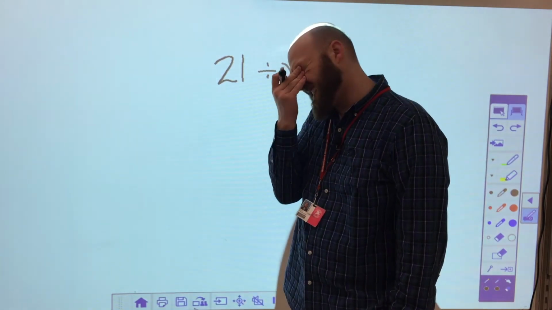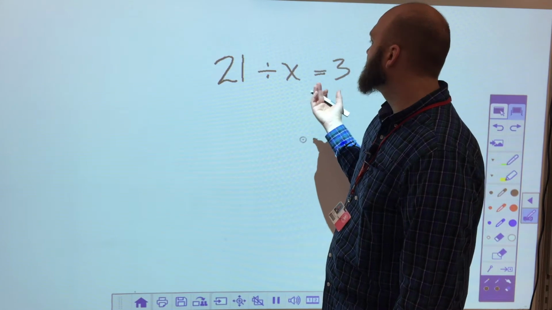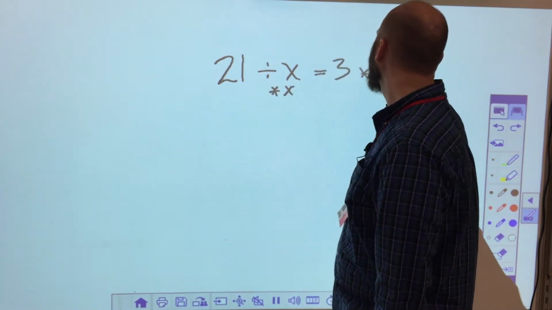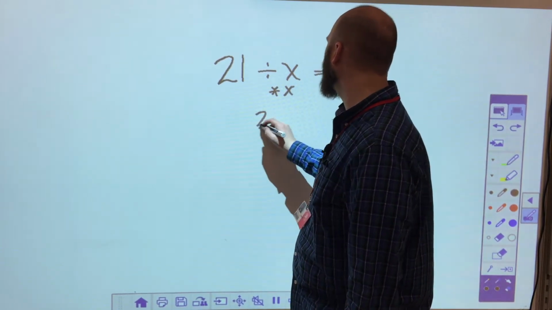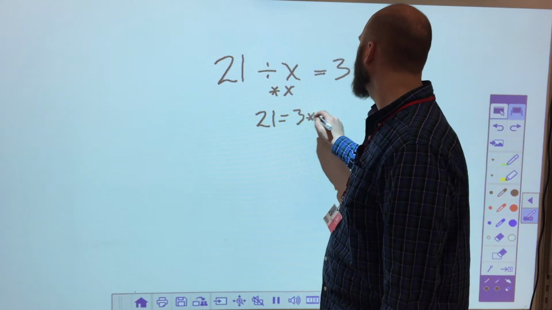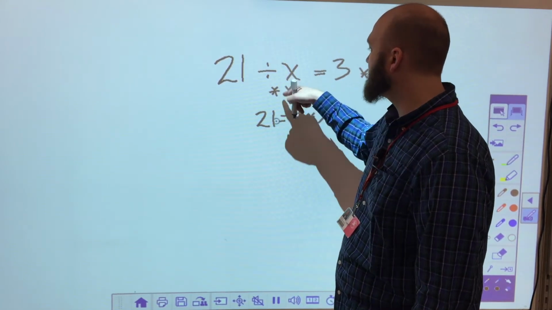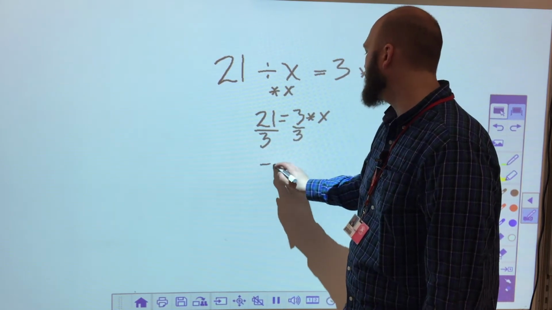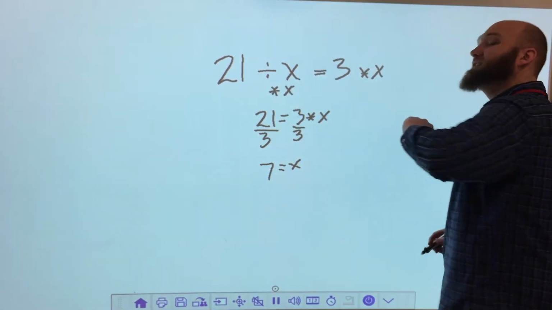All right, well, instead of dividing, I could multiply over here, and I get 21 equals 3 times x. And then instead of multiplying, I would divide. 21 divided by 3, x equals 7. Go back up here. 21 divided by 7 is 3.